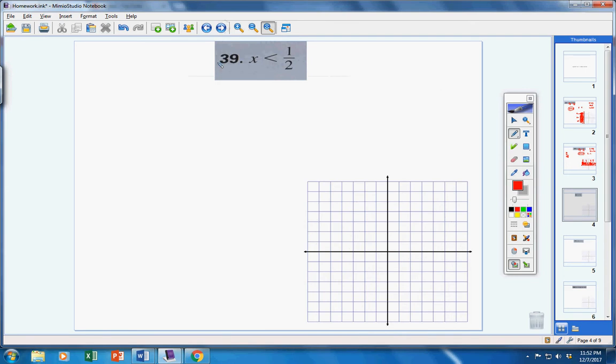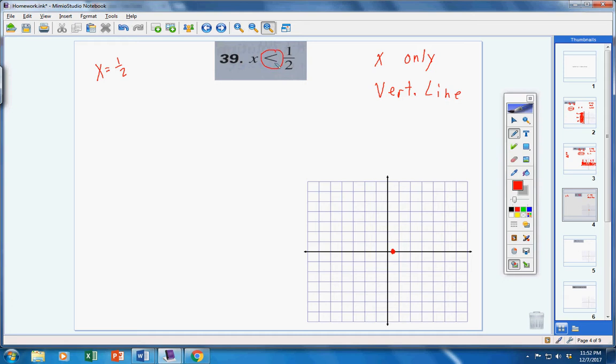Okay, 39. We notice right away we have an x only inequality. Thus, we're going to have a vertical line. X is all by itself. So let's pretend we have an equal sign, even though we don't. X equals 1/2. So we go to the x-axis at 1/2, and we draw a vertical line there. But remember, check to see if your line's going to be dotted or solid.